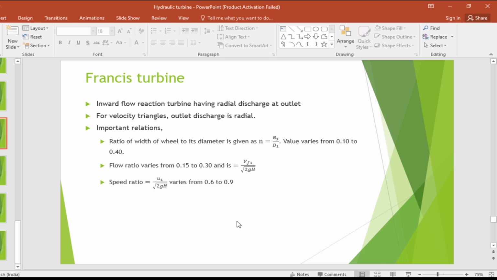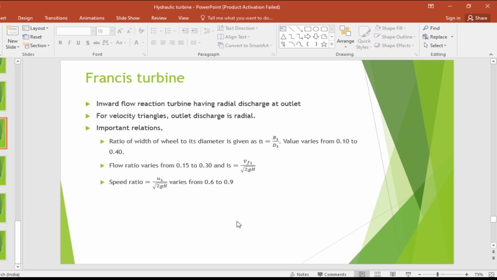In the classification part, I have explained what a Francis turbine is. I'll repeat that. Francis turbine is the inward flow reaction turbine having the radial discharge at the outlet. Radial discharge means the value of beta will be 90 degrees here, and also VW2, that is whirl velocity at outlet, is 0.